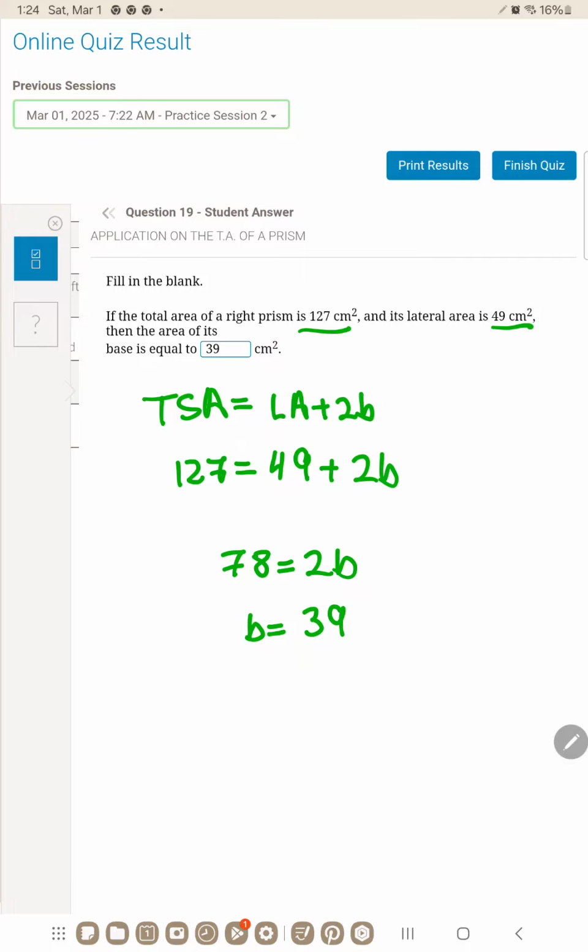Now I'm gonna give you the formulas for each and every shape we need to know for our periodic. So let's start with formulas for prisms, or right prisms, because we're not gonna deal with any other prisms. First we have lateral area.